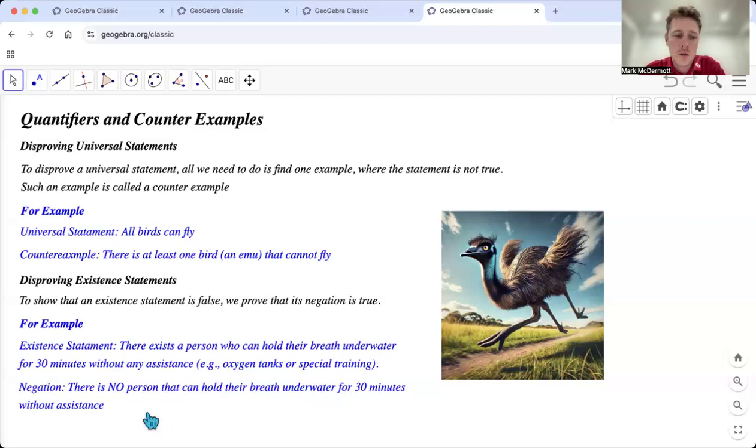Then you would need to go and prove that that's the case, however you need to. Obviously, the examples you'll be dealing with will be mathematical statements. So you have to go and prove that the negation is true to disprove an existence statement. And then we've got our emu here trying to fly. It's got a weird number of legs, but that's what AI will do.